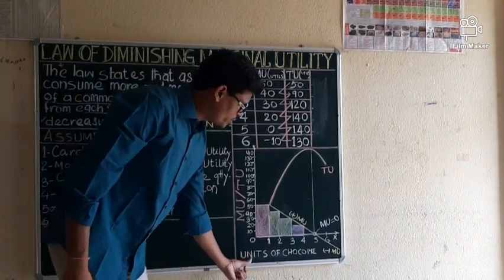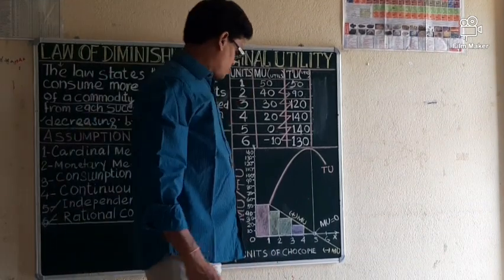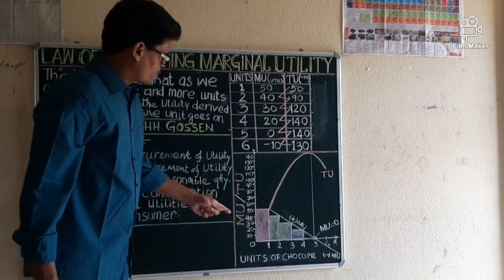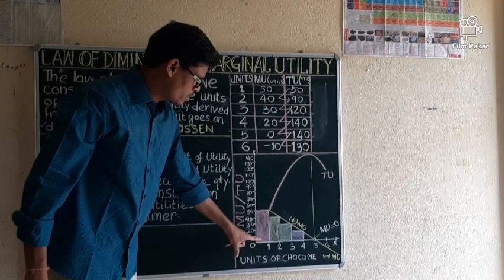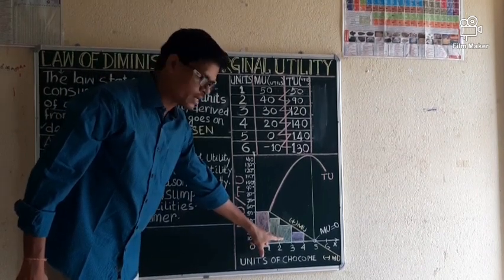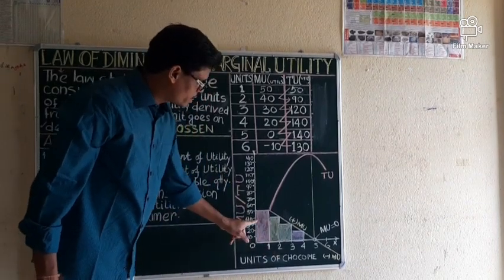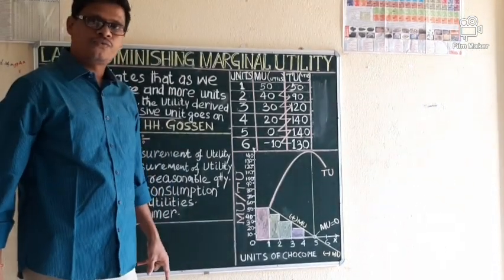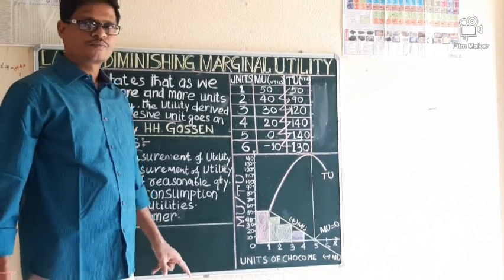On the x-axis, units of Lotto Choco Pie consumed. Now, if you look at this, the first rectangle is a pink shaded rectangle, then a yellow shaded rectangle, then a green shaded rectangle, and then a purple shaded rectangle. These rectangles are the marginal utilities of the first unit, second unit, third unit, and fourth unit.